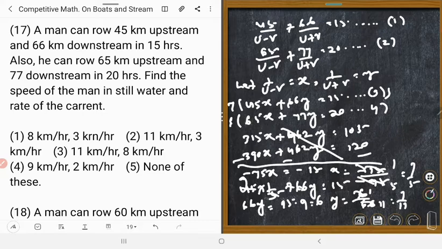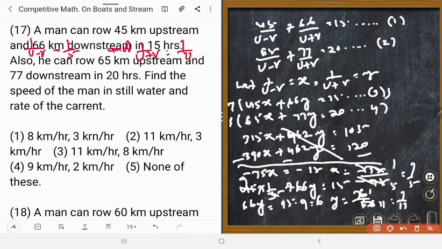Similarly, we shall do here. So 1 upon u minus v is equal to 1 upon 5, and 1 upon u plus v is equal to 1 upon 11.